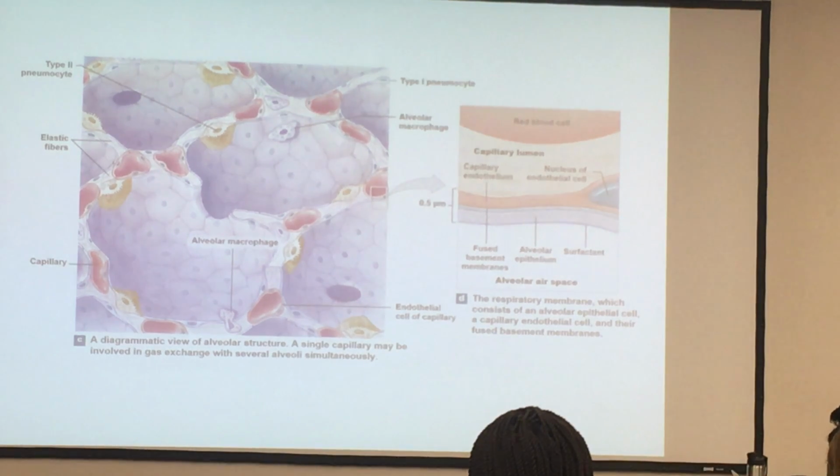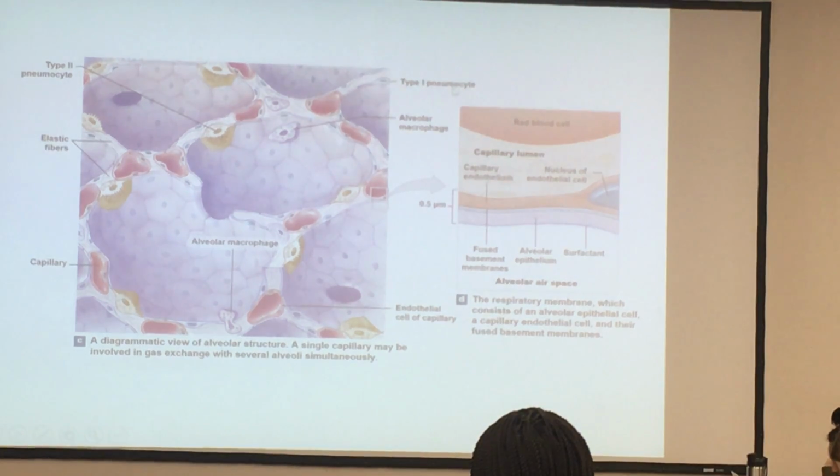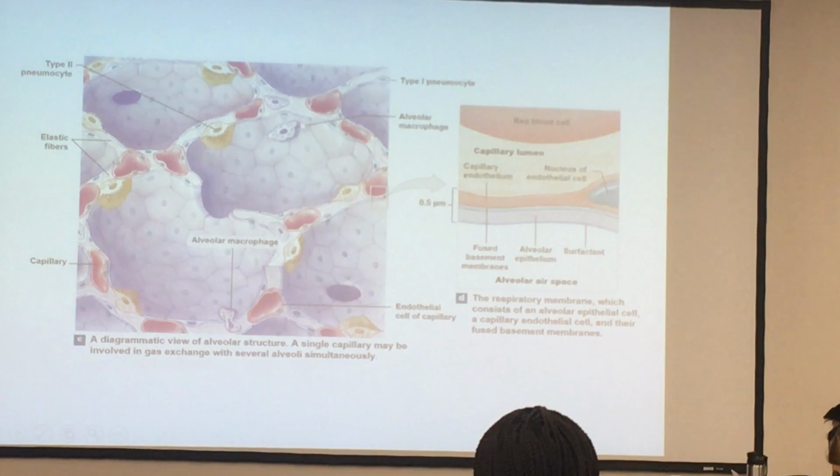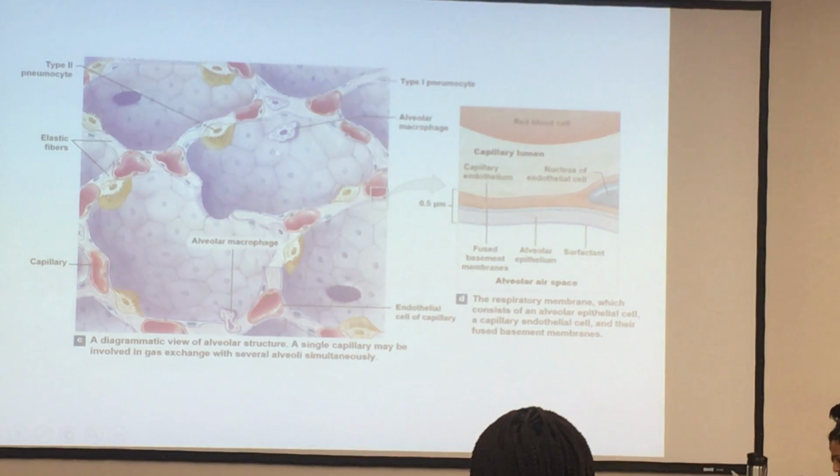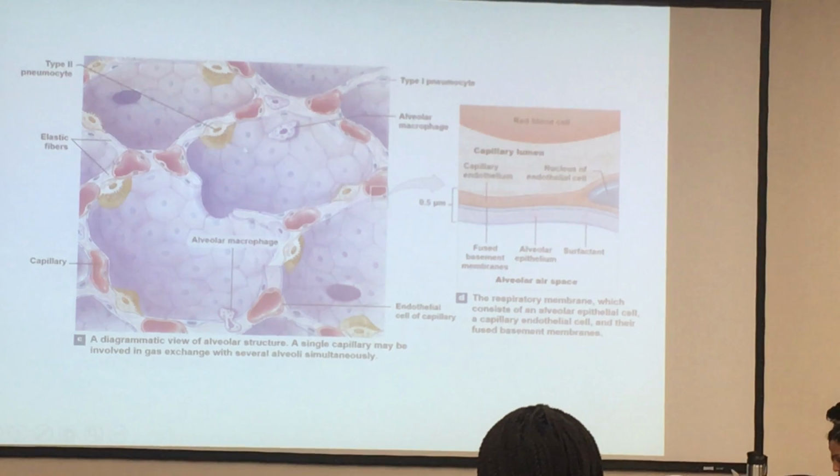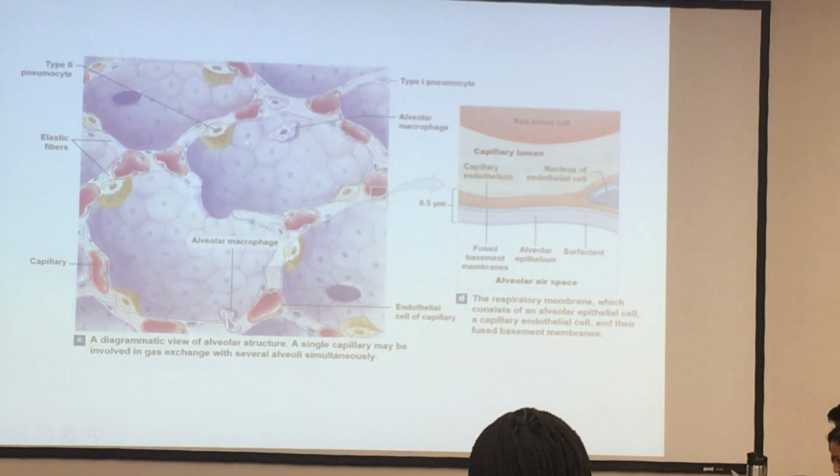We call it the type 1 cell, type 1 pneumocyte, the lung cell. That's the one we cut through. It's very flat, so it's simple squamous. The whole piece outside looks like a soccer ball, and it is the same cell, but we just cut through it.